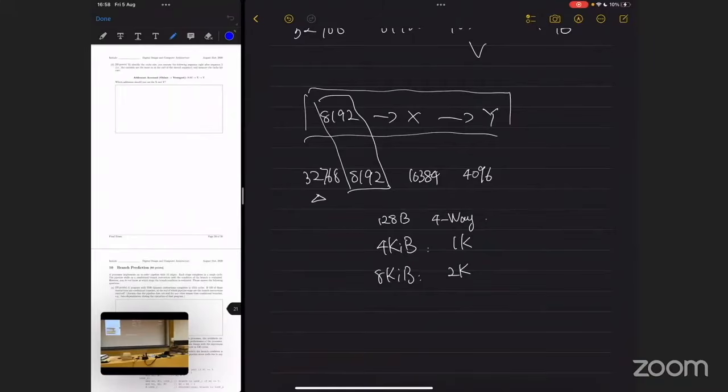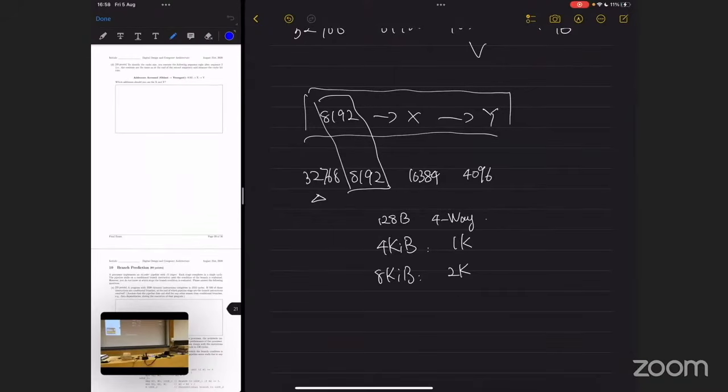Because this access sequence brings the LRU bit to 32K, the way that we can know whether the size of the cache is 4K or 8K is to see if we can replace this least recently used cache line.